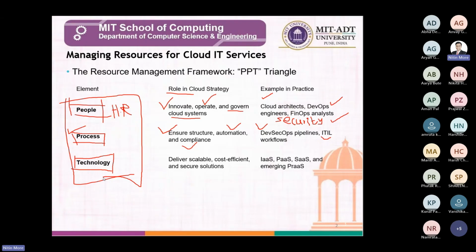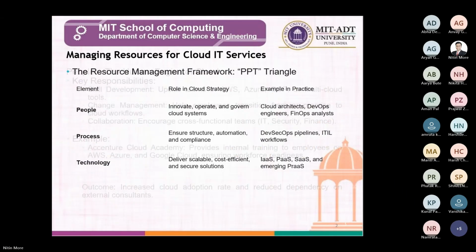In technology, we require proper secure cloud infrastructure, which is a combination of infrastructure and software as a service both. So only when all these three properly align can we have proper secure, scalable, and cost efficient systems, right? So any doubt so far?